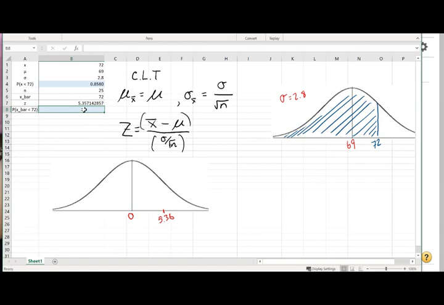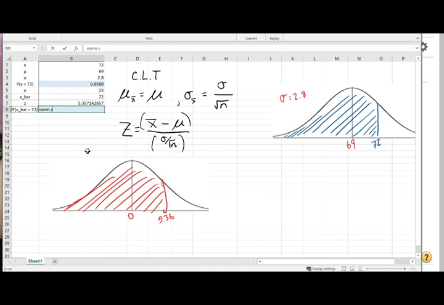So the probability that x bar, the sample average of those 25 passengers, is less than 72, well, we'll have to use not the normal distribution function, because now we're using z-scores. So it's the normal standard distribution.